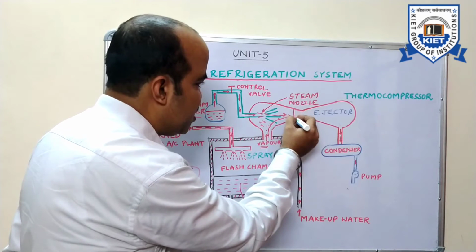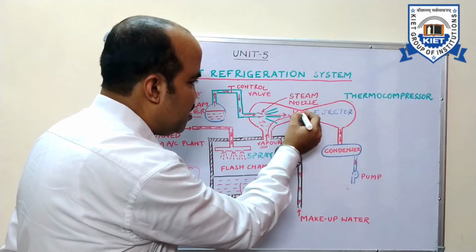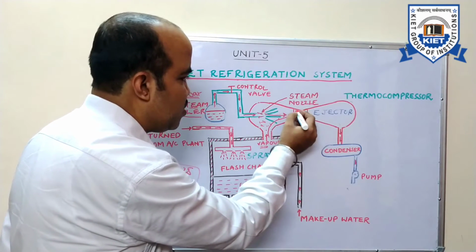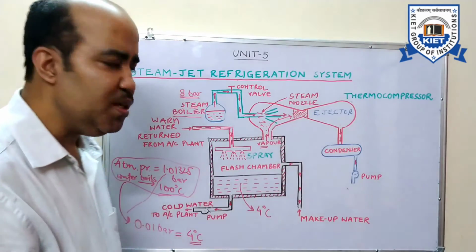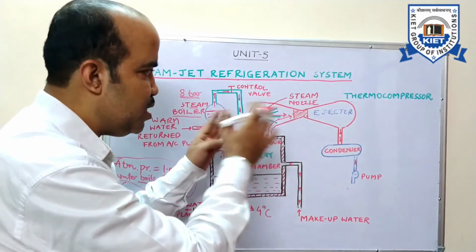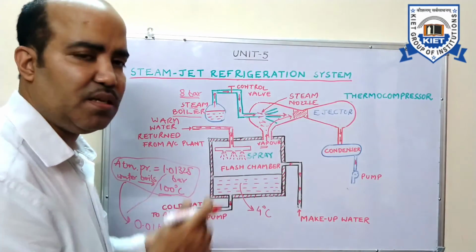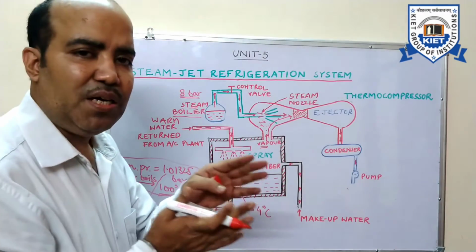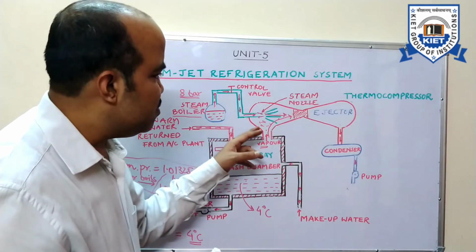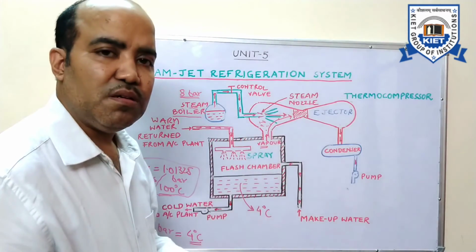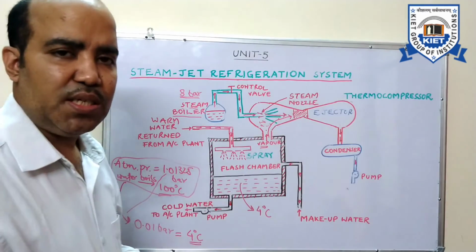There is a mixing chamber over here where the mixing takes place at constant area. In the whole ejector assembly there is a portion of constant area, so the steam and the vapor mix with each other at constant area.